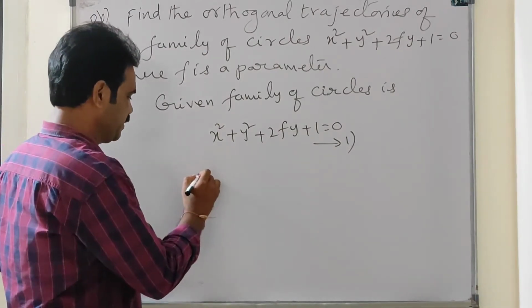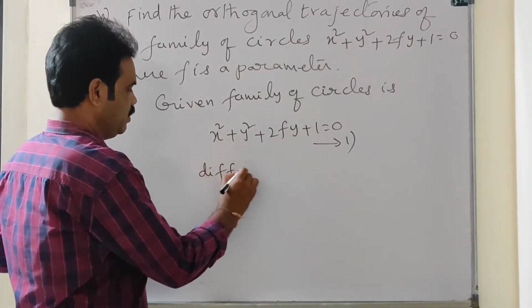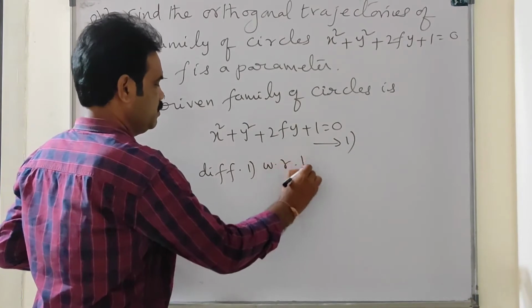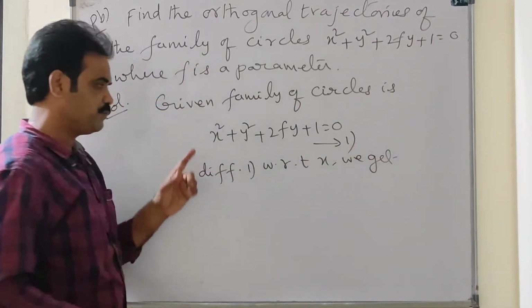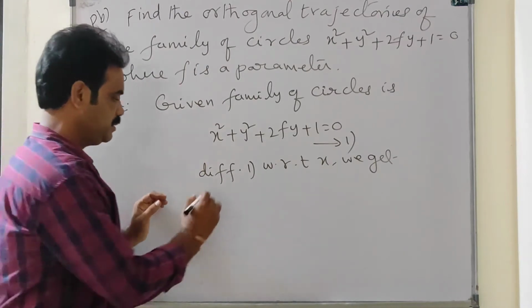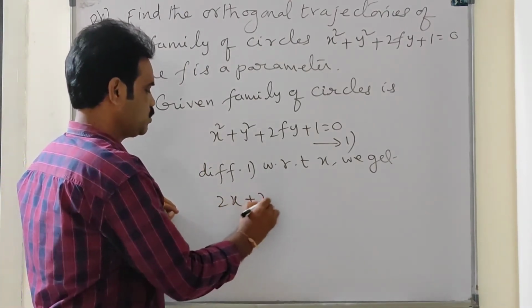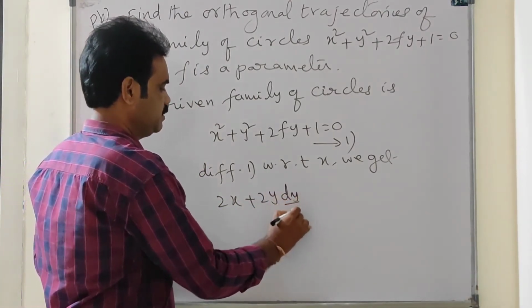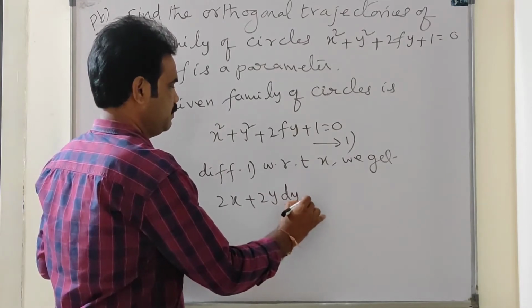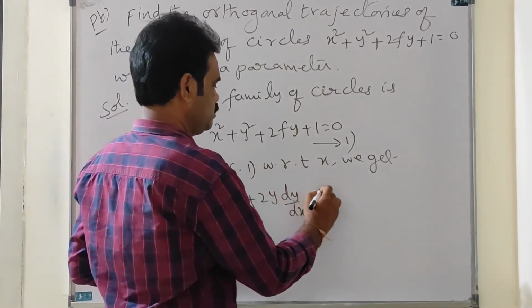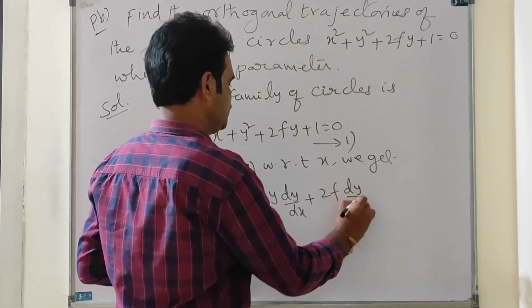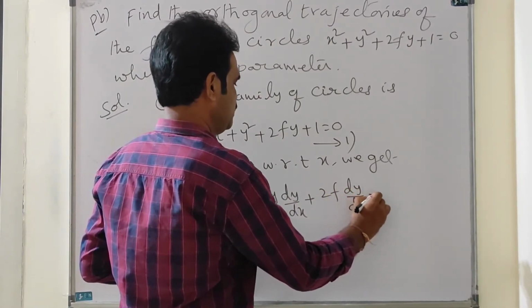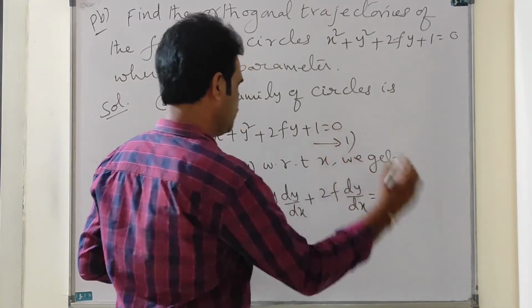Now differentiating 1 with respect to x, we get, first we have to find the differential equation of this: 2x plus 2y dy by dx plus 2f dy by dx is equal to 0.